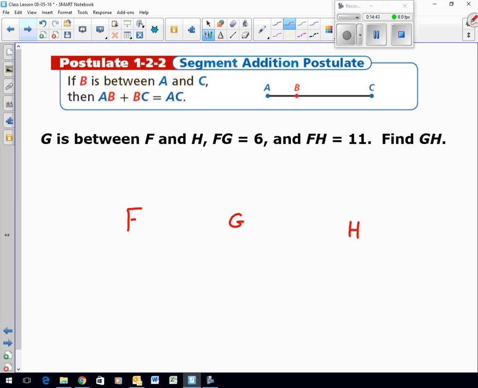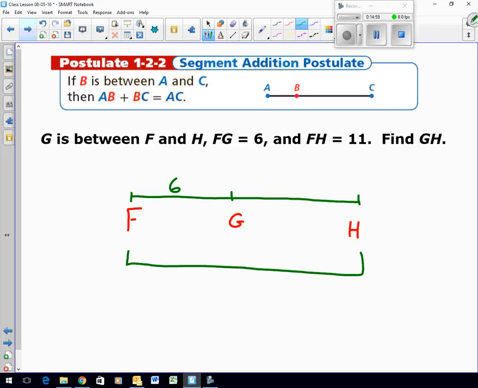Okay? F to G is 6. So here we go. Let's make our line because we're talking about segments. F to G is 6. F to H is 11. So the whole thing is 11. How much is G to H? Real simple, right?